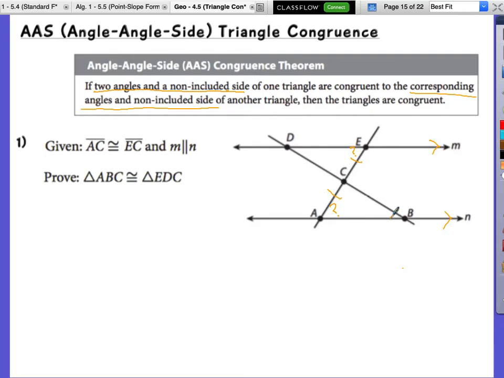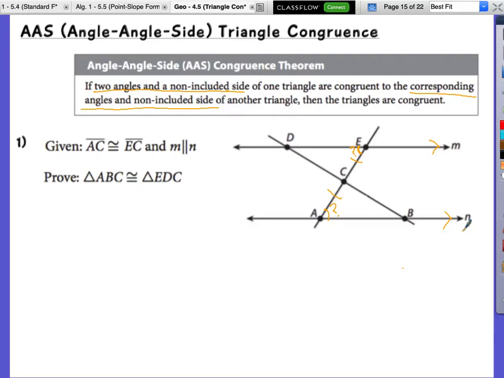They alternate sides of this transversal, but they're what of these two lines? Interior. Alternate interior angles. Angle BAC and angle DEC are alternate interior angles. They alternate sides of the transversal, AE, and they're both interior to lines M and N, the parallel lines. So they're congruent. Alternate interior angles are 100% of the time congruent if those lines are parallel.